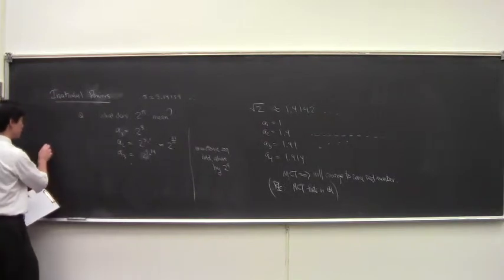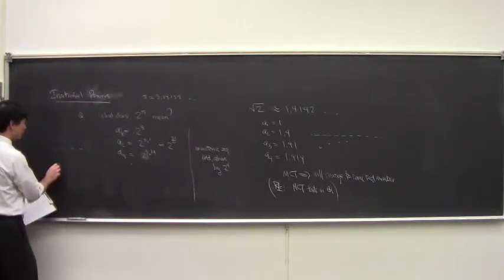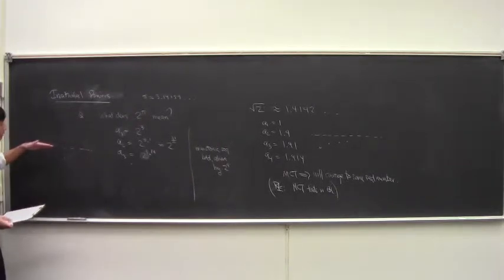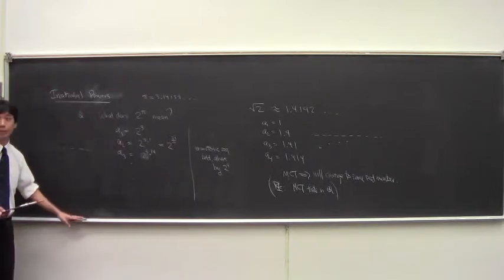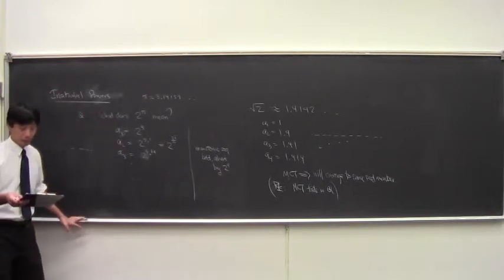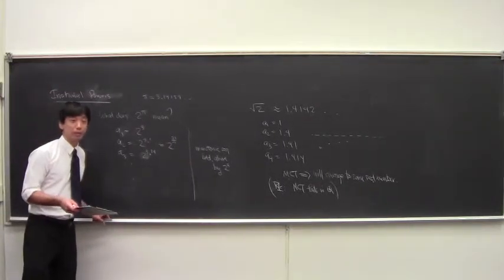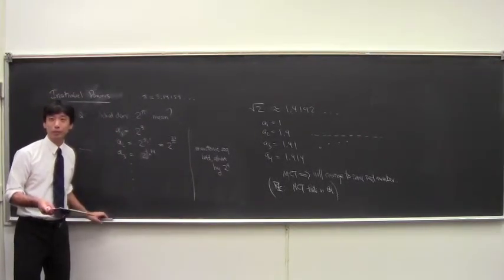So you have an increasing sequence with an upper bound, and so it's going to converge to something. And we call that thing to which it converges 2 to the pi. That's what we mean when we talk about irrational powers.